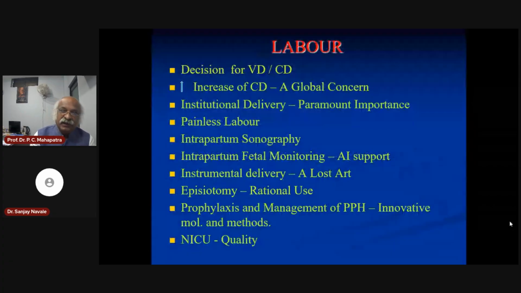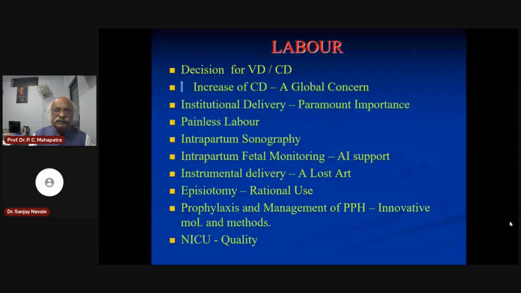Institutional delivery is of paramount importance in a country like India, when we are seeing very significant maternal deaths. I think the only thing which has reduced the maternal death is institutional delivery. This is the main reason for which you now see the scenario of India all over the country, excepting a few states, and how they have reduced the maternal deaths.